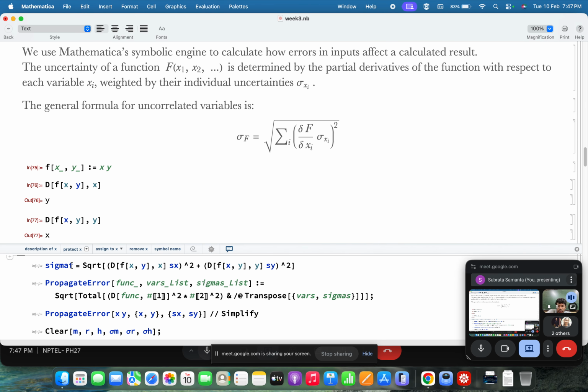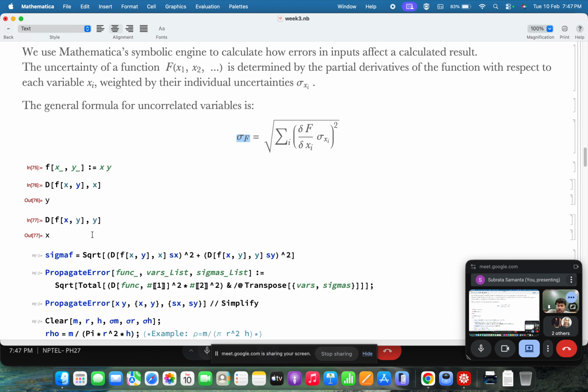So, now I calculate sigma f. This is the square root of the first term, the derivative of f with respect to x times the standard deviation of x, which I call s x, that is sigma x for the first variable. The second variable is y, and then the whole squared, and then the sum.